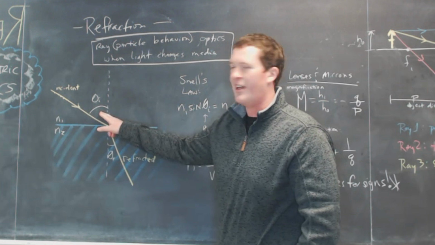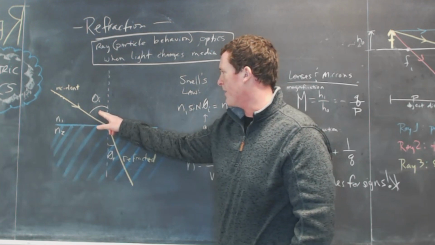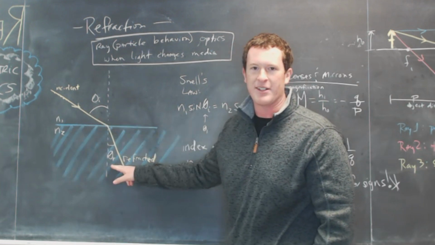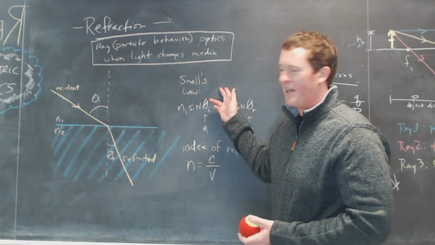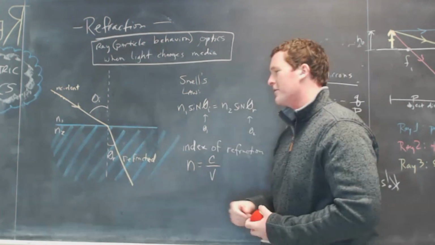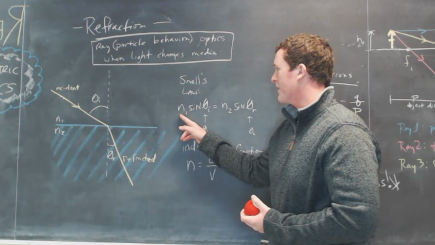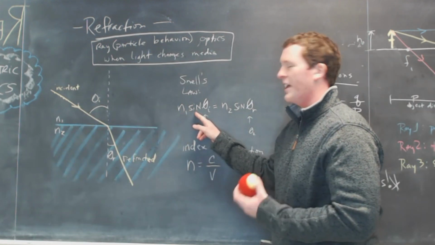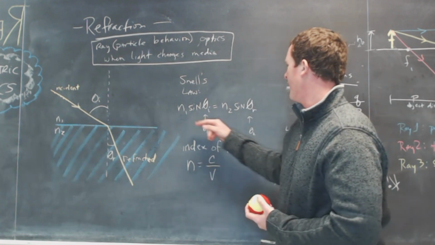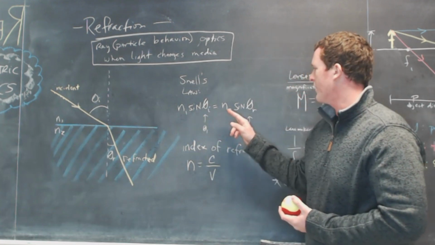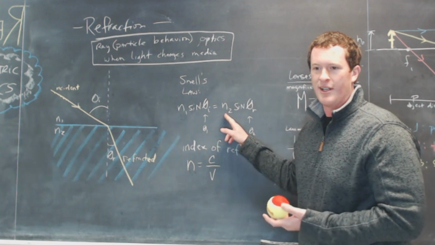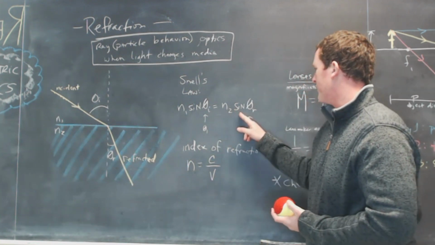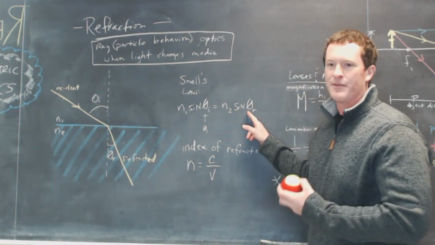There is a relationship between the angle of incidence and the angle of refraction, and this is known as Snell's law. Snell's law can be defined as the index of refraction of your first medium multiplied by the sine of the angle of incidence, which is equal to the index of refraction for your second medium multiplied by the sine of the angle of refraction.